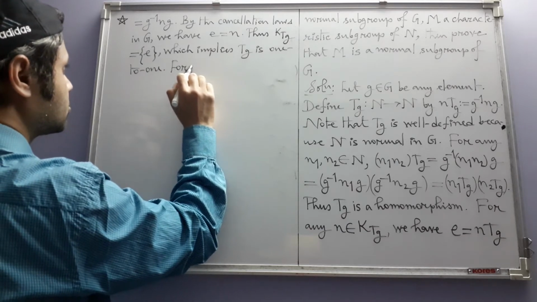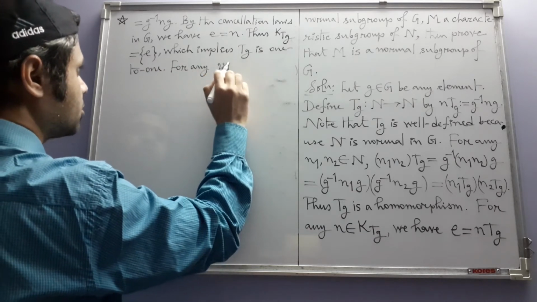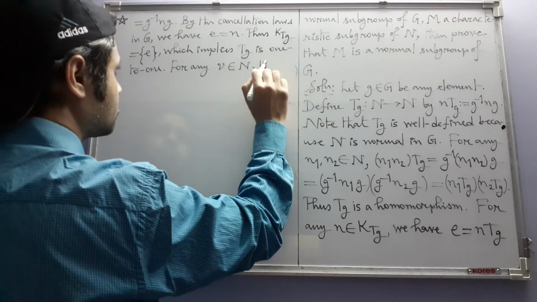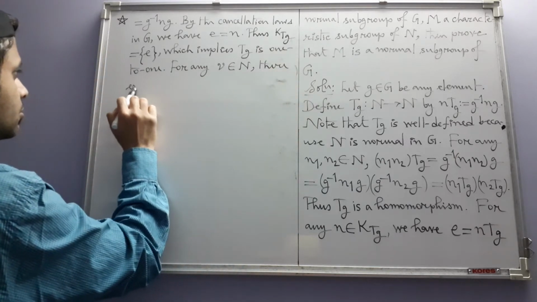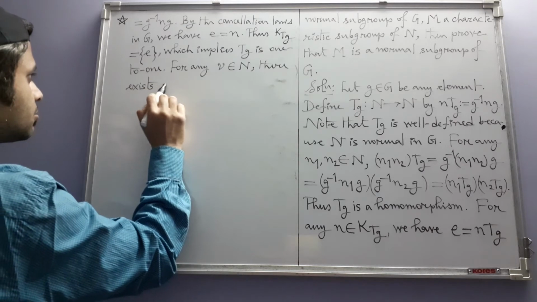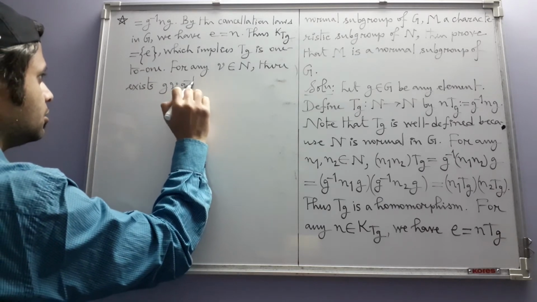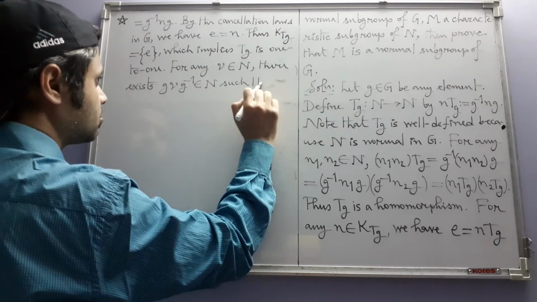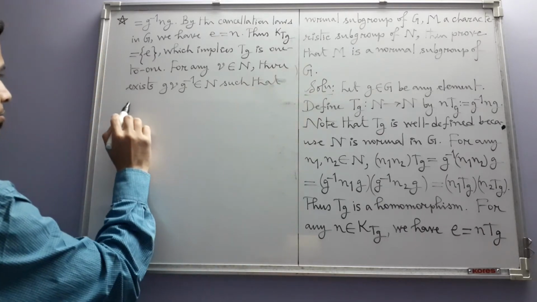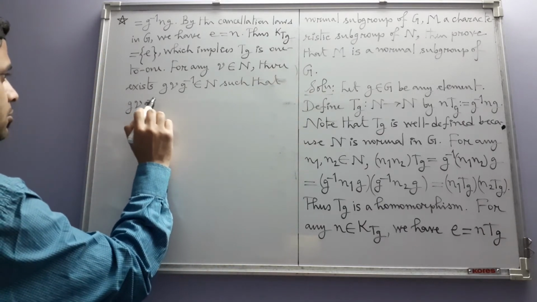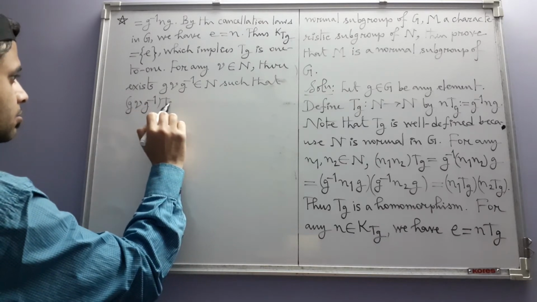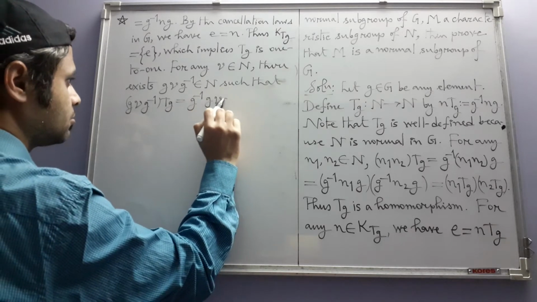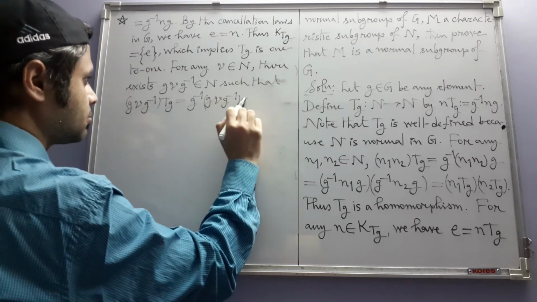Next, for any element nu belonging to N, there exists g nu g inverse belonging to N such that (g nu g inverse)Tg is g inverse g nu g inverse g.